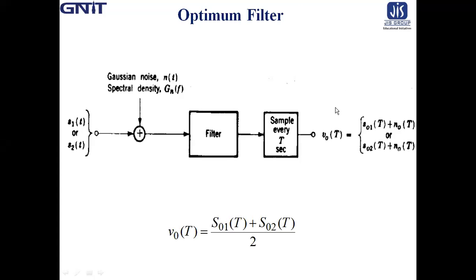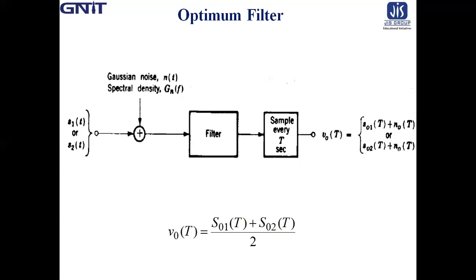Similarly, we assume that S2(t) has been transmitted if v0(T) is closer to S02(T) than S01(T).